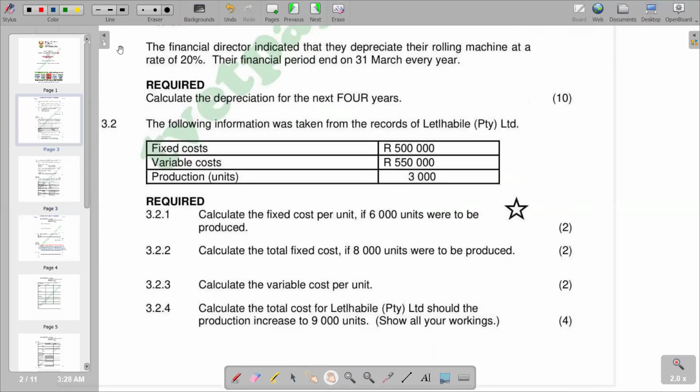produced. So to get the fixed cost per unit, we are just going to say total fixed costs divided by number of units. For which our total fixed costs we are given it is 500,000 within the context of 3.2.1. So that's how we are going to calculate it.